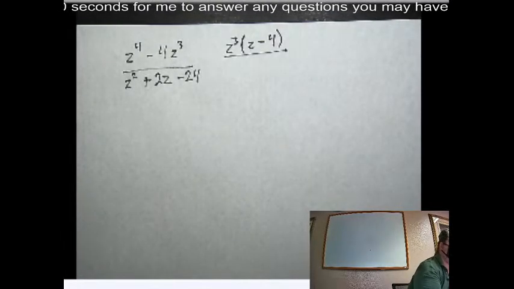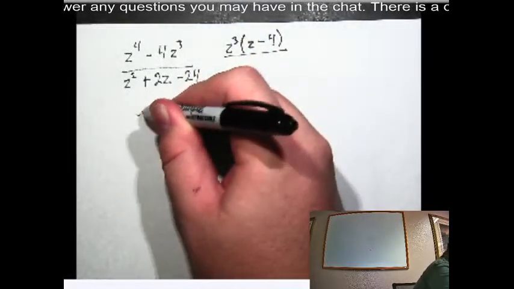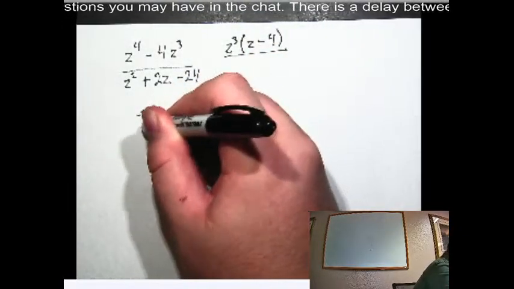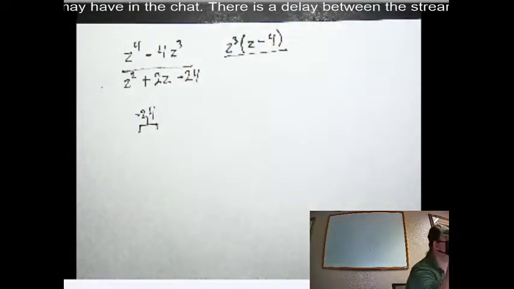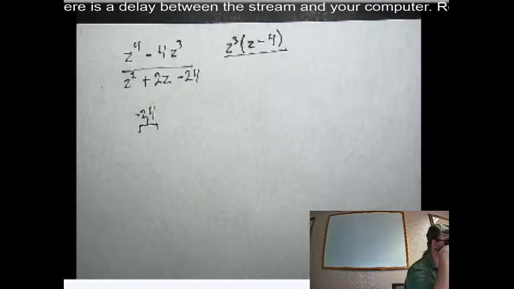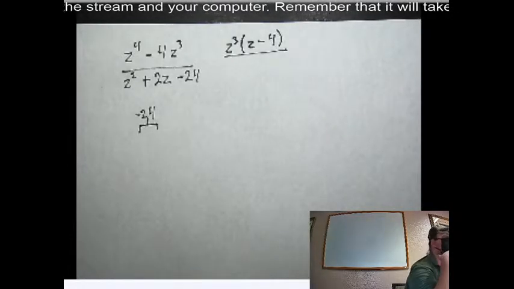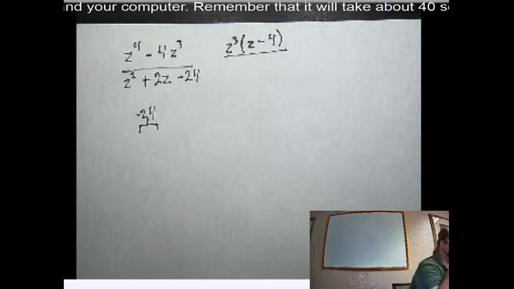What's my C? So A times C, 1 times negative 24 is negative 24. Will we be able to use our shortcut on this? In other words, is our leading coefficient positive 1? Yes, so we can use our shortcut.